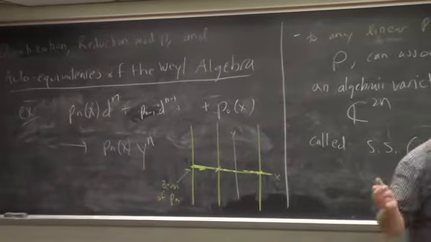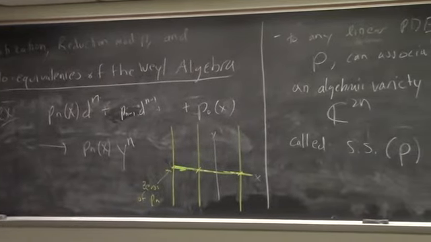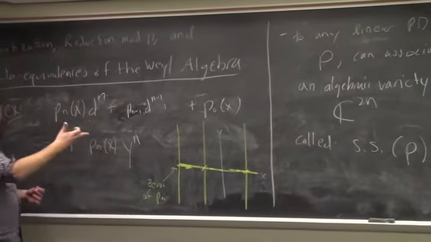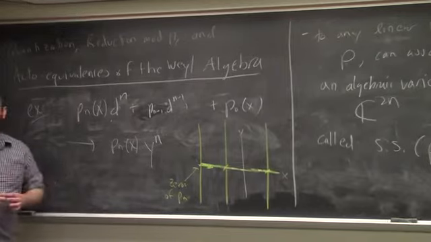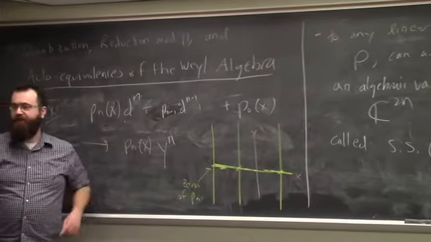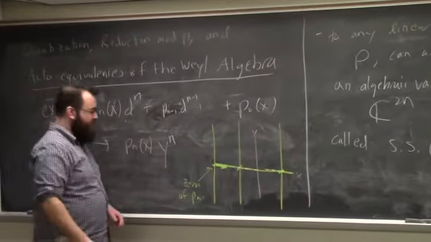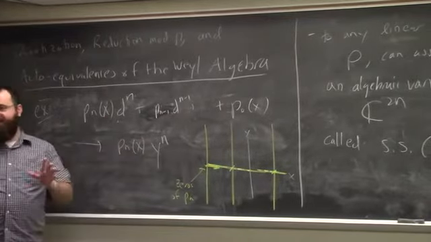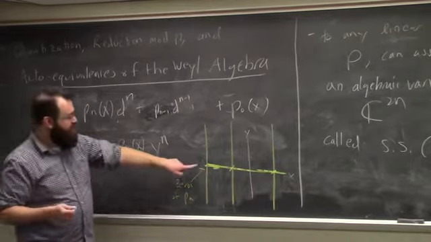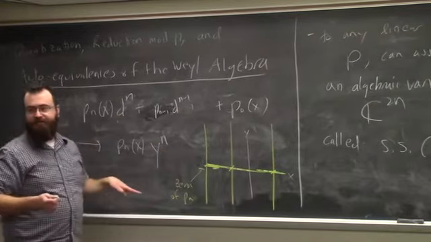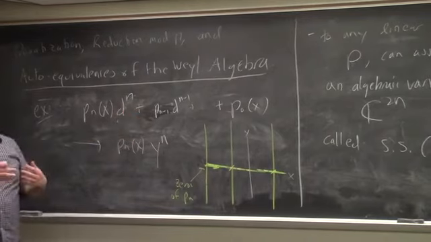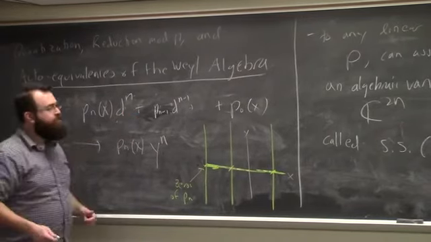Okay, so in the world of classical ODE, what this variety is telling me is exactly where this ODE has a singular point. Right? So if you go back to Fuchs's theorem or your other classical ODE theorems, there's some finite set of points in the affine line where the ODE blows up. And those are exactly the points that correspond to these vertical lines here. So this is the reason for the name singular support, because it's telling me something about singularities of differential equations.